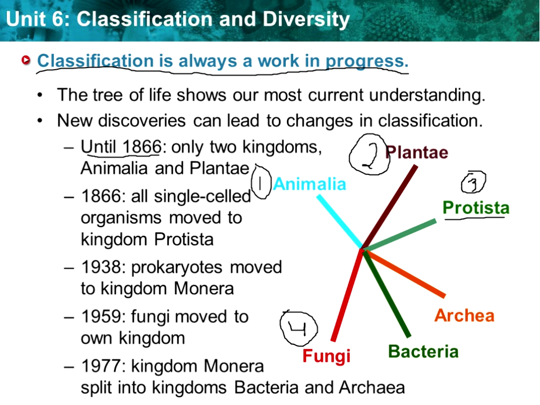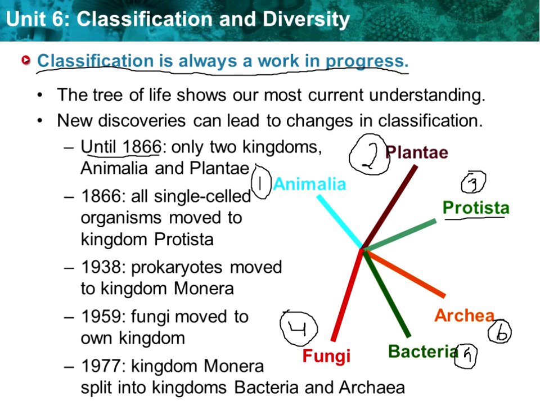So fungi came fourth, and then these two got separated out, you know, fifth and sixth. So today, and for the last 40 years, we've had the same six kingdoms of life. Those are animal, plant, protista, fungus, bacteria, Archaea.